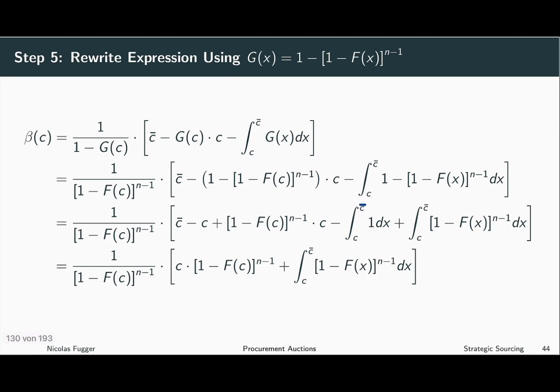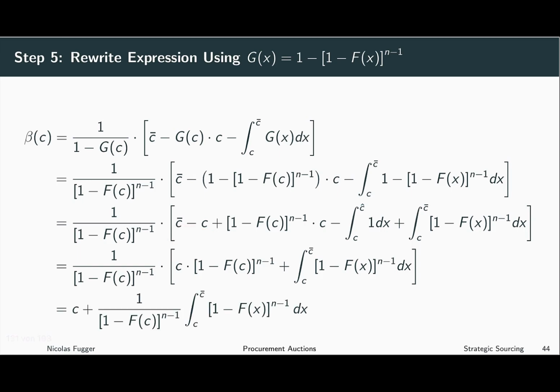Now, in our next step, we take the integral from c to c upper bar of 1, and this is nothing different than c upper bar minus c. And what we see is that this cancels out with this.